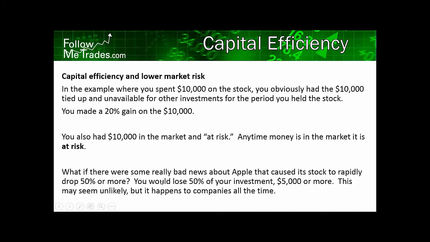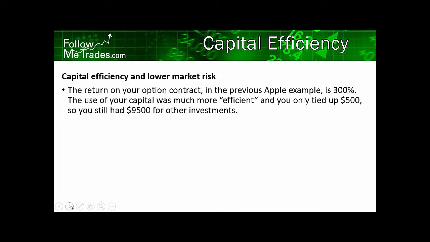Stop orders, if it gaps overnight, your order becomes active, and it's a market order at whatever it opens at. You could lose $5,000. You could lose half of your investment. It doesn't happen every day, but it happens with some degree of frequency to companies. So when you've got your money in stock, it's at risk, and it's also tied up.